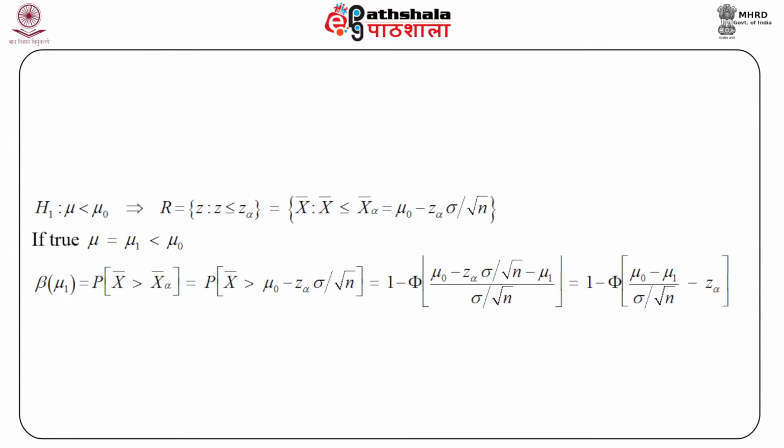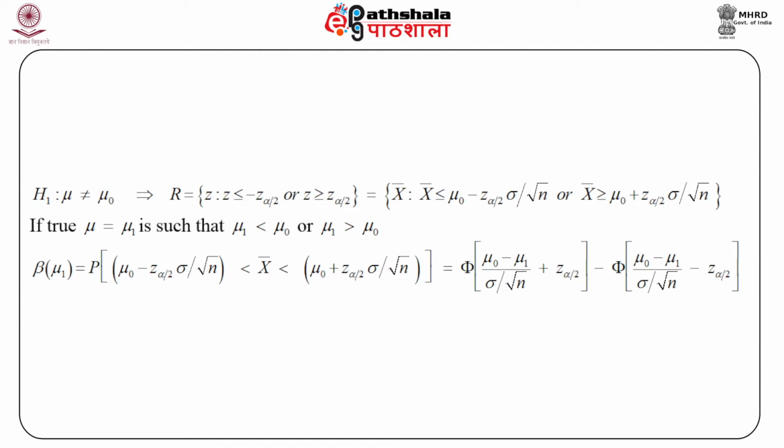So we have similarly the second hypothesis and the third alternative. In the second one we have μ less than μ0, and what we get is beta(μ1) comes out to be equal to 1 minus Φ of (μ0 minus μ1) upon σ by root n minus Zα.